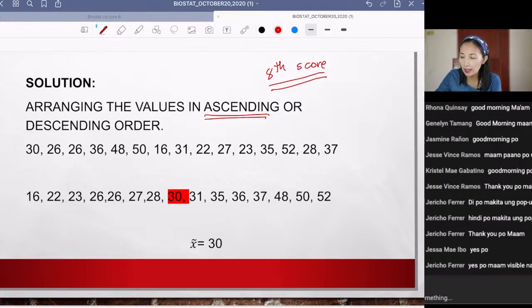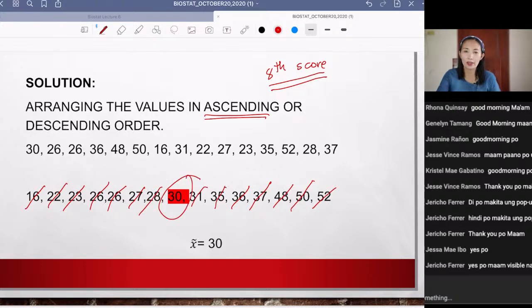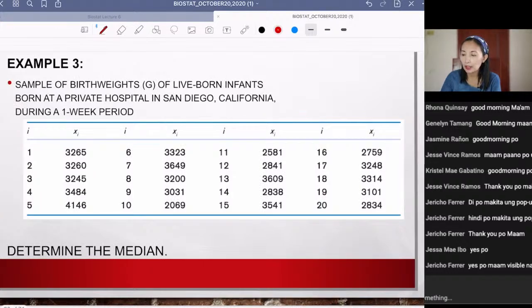Strike out 16 and 52, strike out 50 and 22, strike out 23 and 48, 26 with 37, 26 with 36, 27 with 35, 28 with 31, which means the middlemost value is 30. Okay? Next, we move on. How about if our number of cases or number of observations is even?